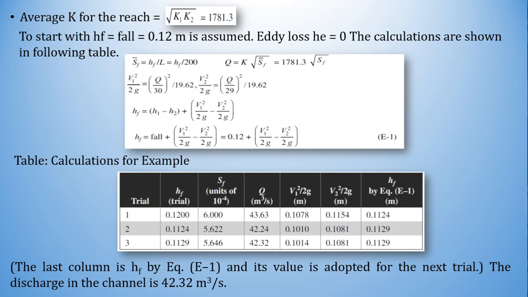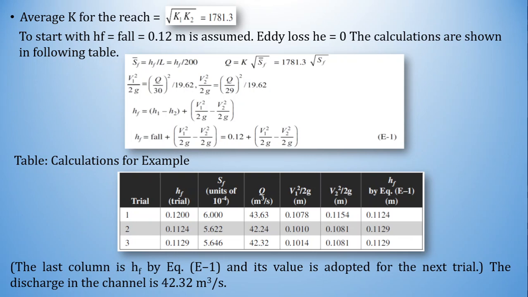Then the average value of K for the reach will be equal to under root of K1 K2, which is equal to 1781.3. To start with, HF is equal to fall, that is head loss, is equal to 0.12 meter.